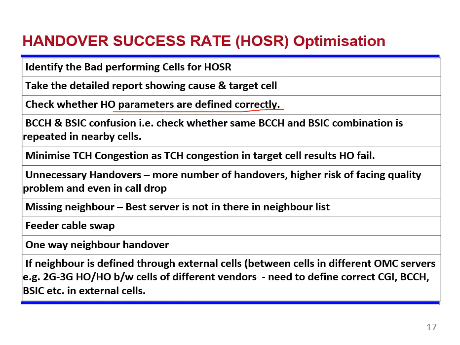Handover parameters should be defined correctly, and there should not be any confusion between BCCH and BSIC. They should be different; it should be the combination of BCCH and BSIC. Whether they are repeated or not should be verified, and congestion should be reduced. The most common issue in a low HOSR is missing neighbors: the best servers are not in your neighbor list.